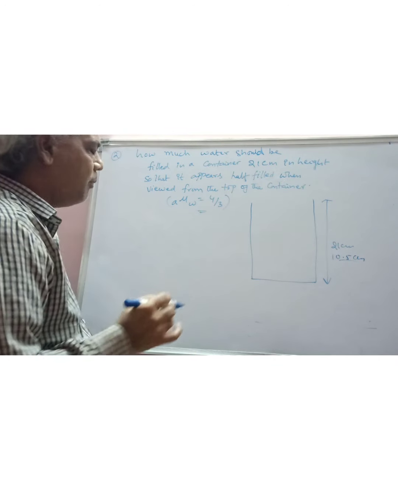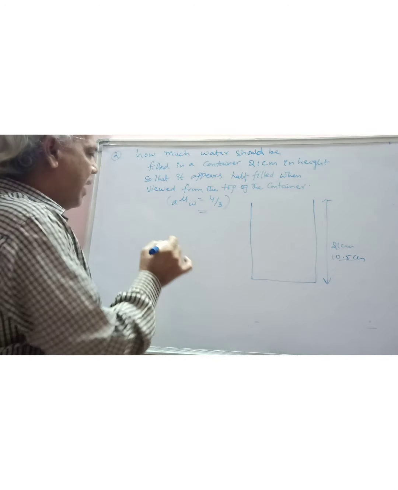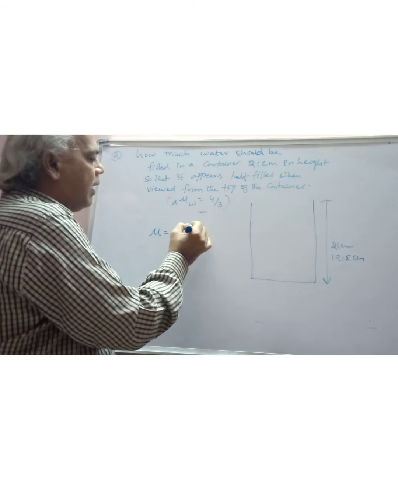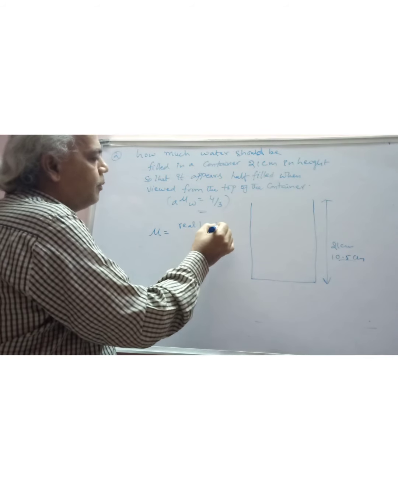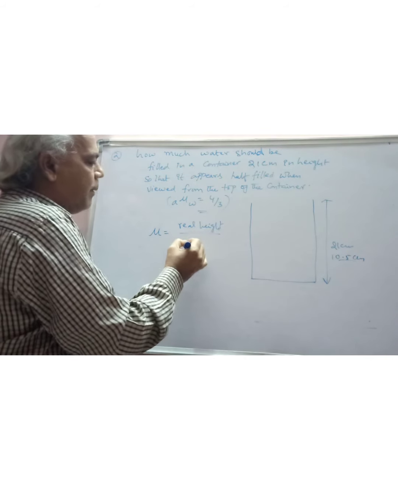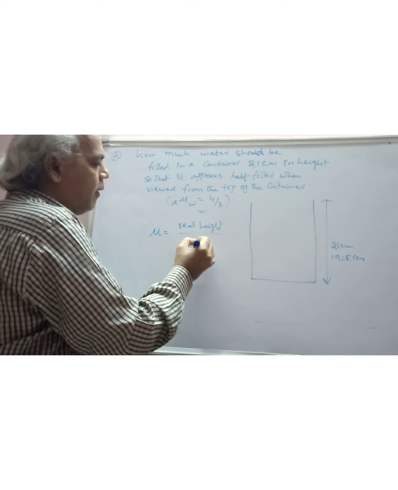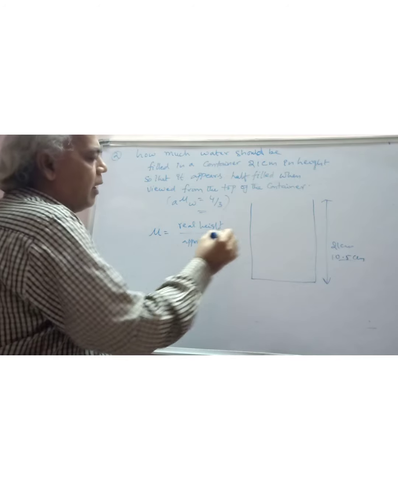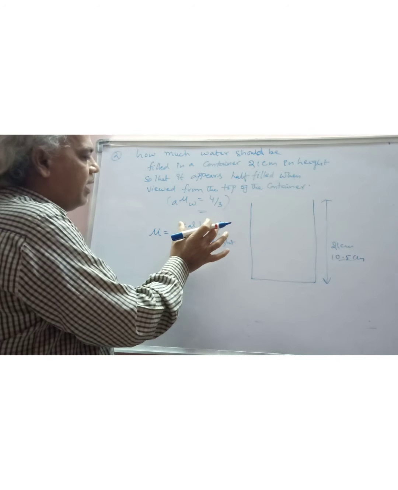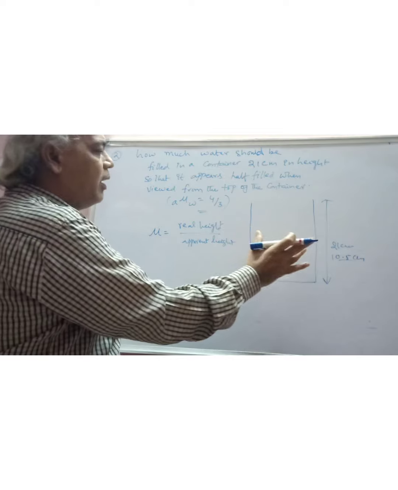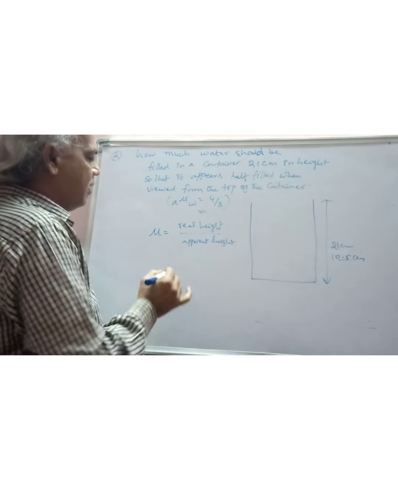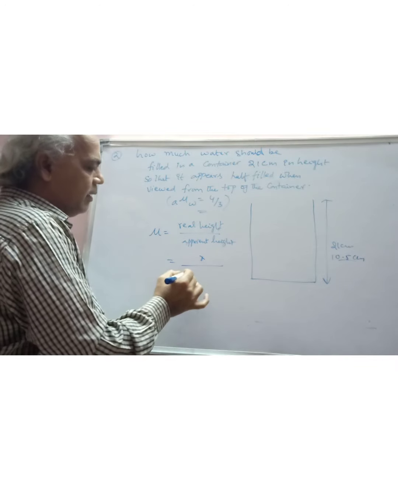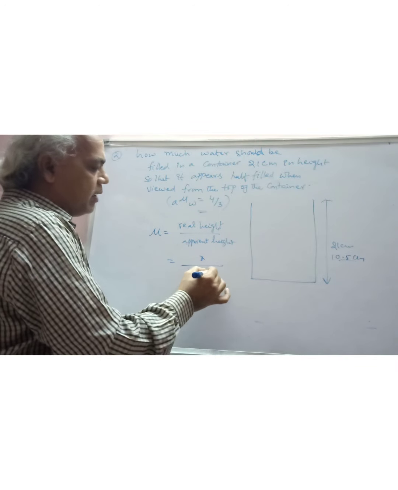Okay. So here the refractive index mu is equal to real height by apparent height. Here what is real height? How much water should be filled in this container? That is say x. My apparent height, that is say 21 minus x.